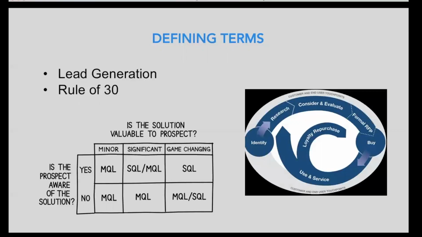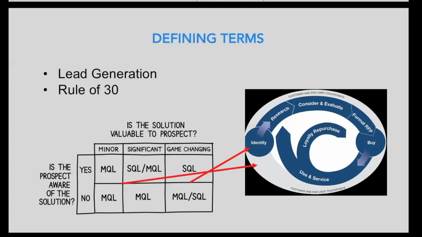When we think about a sales cycle, say McKinsey's sales cycle, between identifying and researching and considering and evaluating, that's almost like a buying, presentation and purchasing cycle that includes both the salesperson and the customer. The sales qualified lead fits right at the very beginning of the process, just so that we're on the same page.